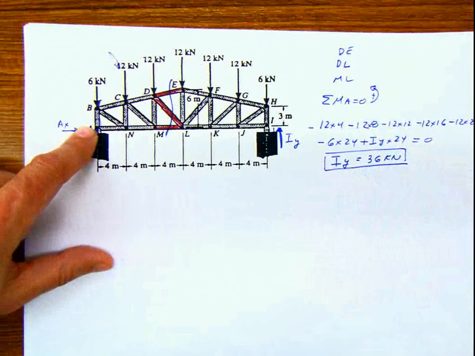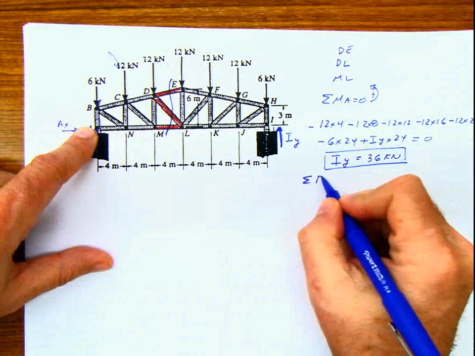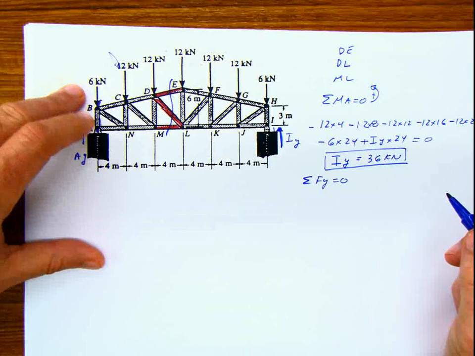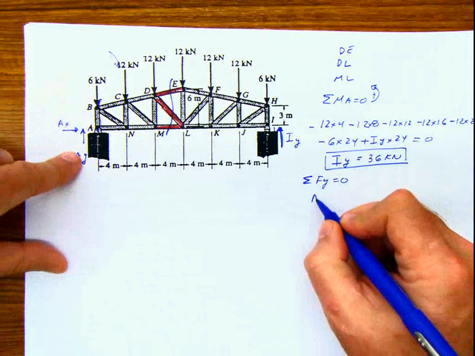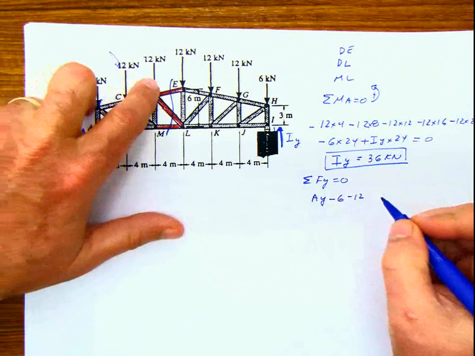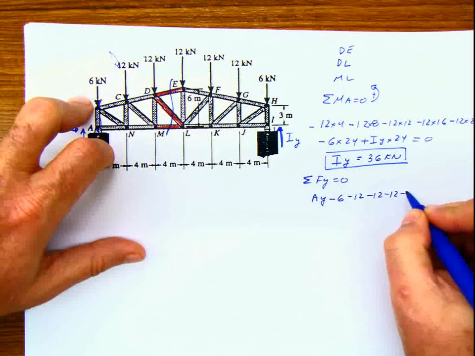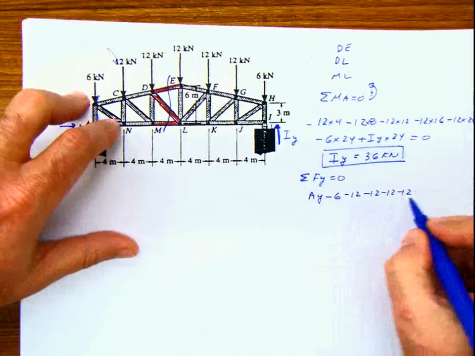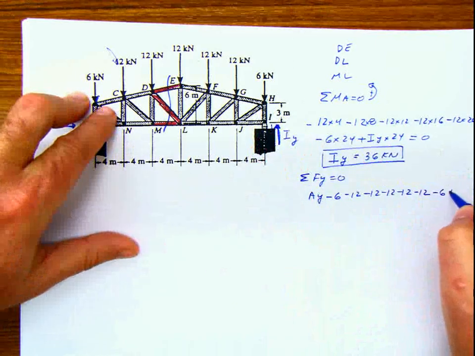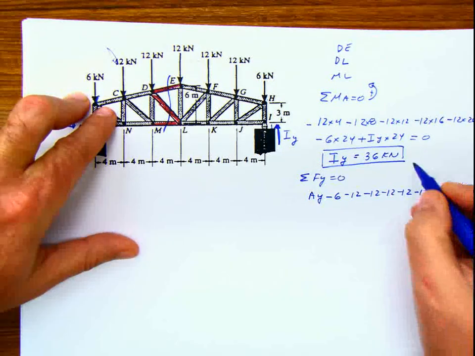If I do summation of forces in Y equals 0, then we're going to have AY positive minus 6 minus 12, 1, 2, 3, 4, 5 of the 12s, minus 6 plus IY equals 0.